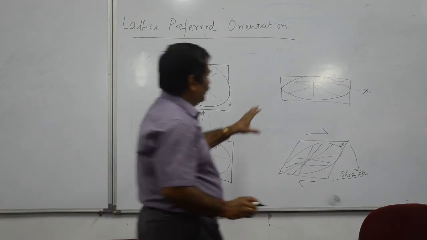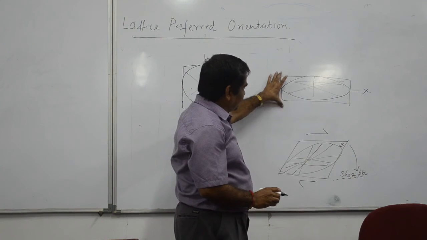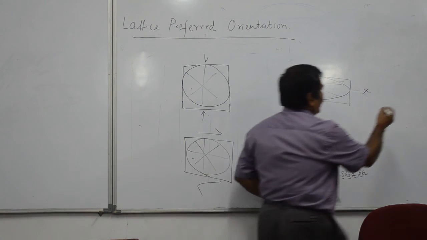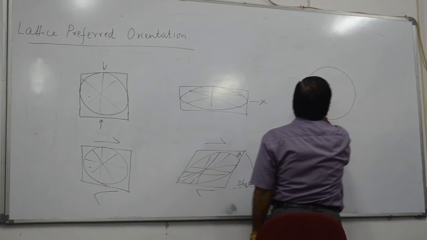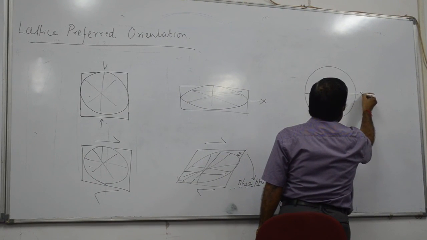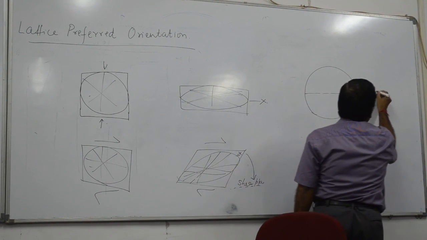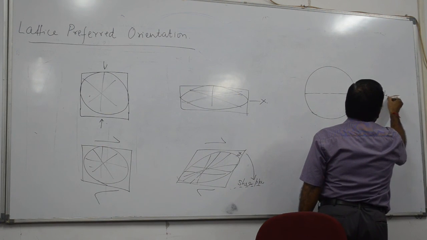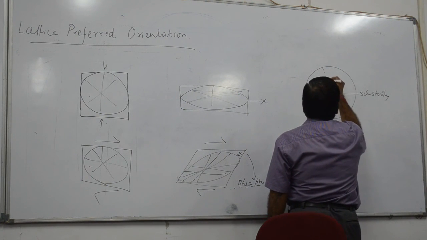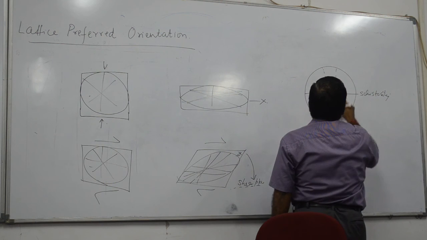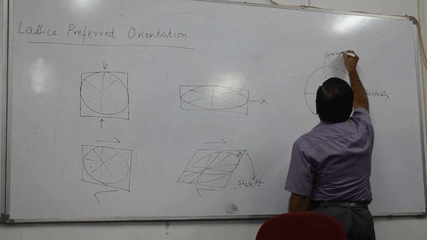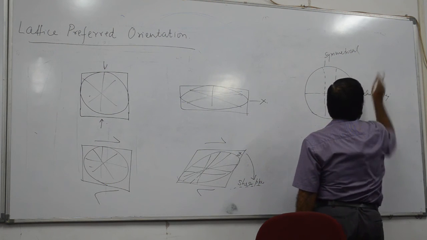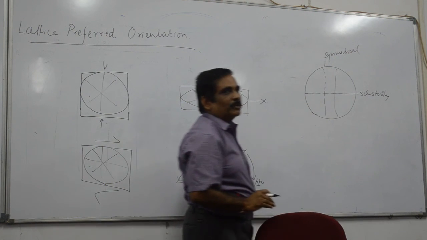You see the situation, two different things. Now, when you see these things and these things, the girdle distribution will be similar, but a little different. This is the symmetry plane, and here the girdle distribution is like this, symmetrical to this symmetry plane.